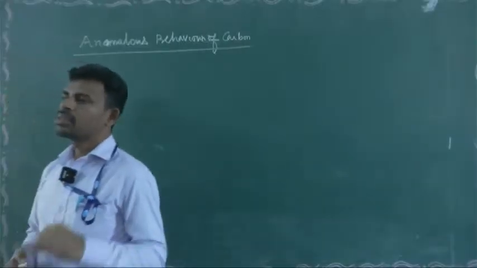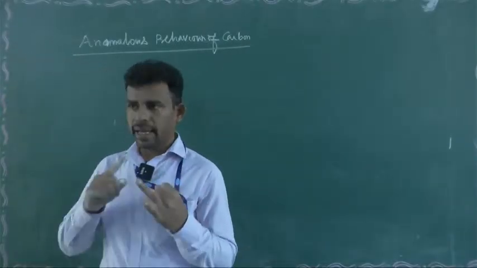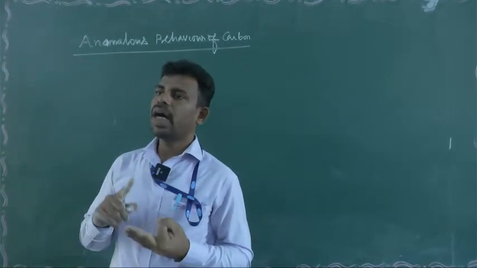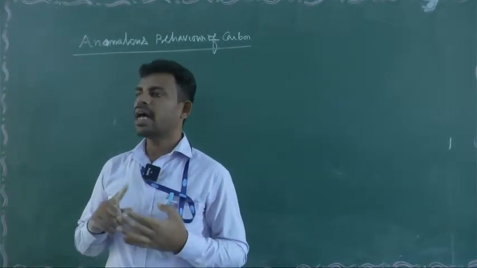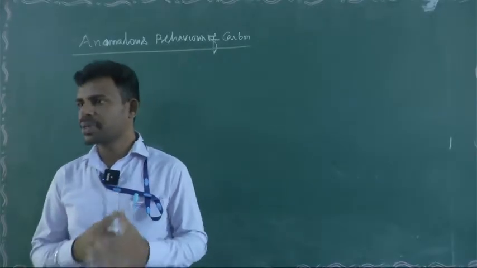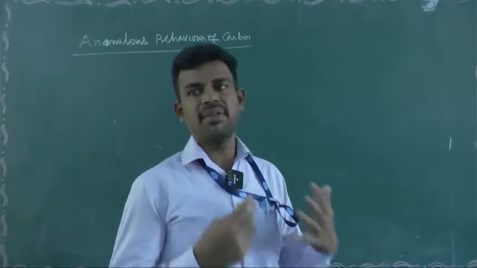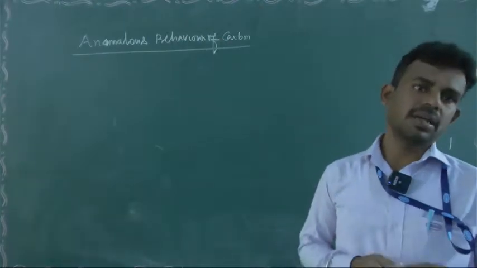These are the reasons for anomalous behavior of carbon: small size, higher electronegativity, high ionization energy, and absence or unavailability of d orbital in carbon. Because of this, its behavior differs from the rest of the group members. Is it clear? Let's go to the next one.